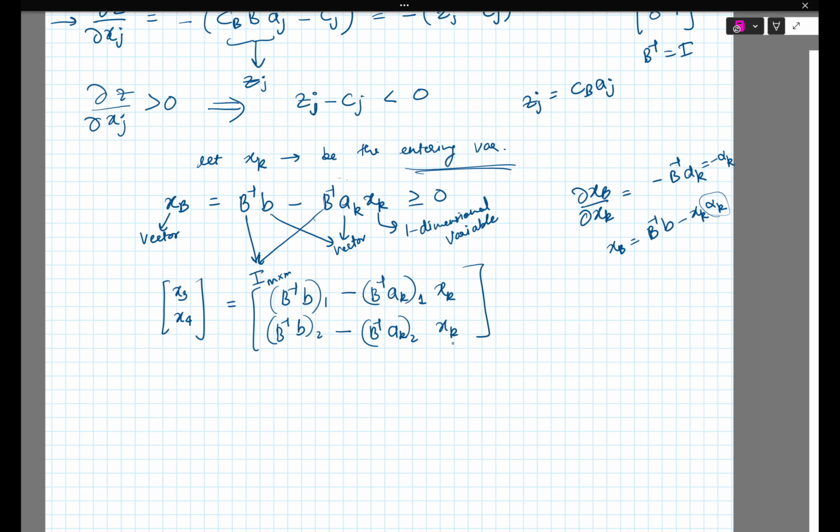So as you increase xk, one of them will become 0 first. Currently both are greater than or equal to 0. So as you increase xk, one of them will become 0 first. And which one will be 0 first?